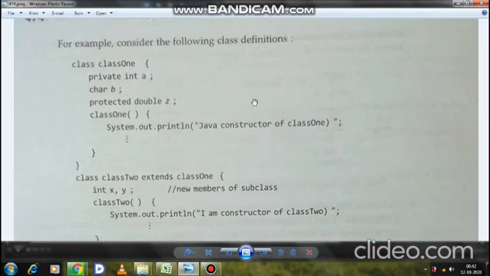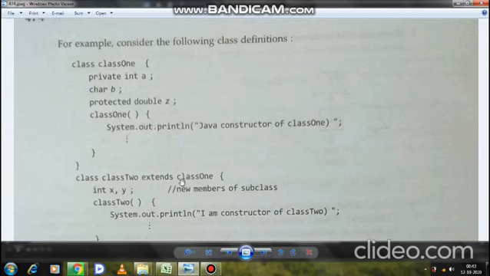Class 1 is this one, with private members A, B, Z. Now when I am writing class 2, in the definition part of class 2, I am writing the name of class 1 with the help of the keyword extends.